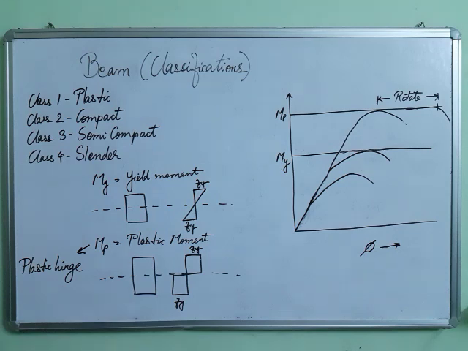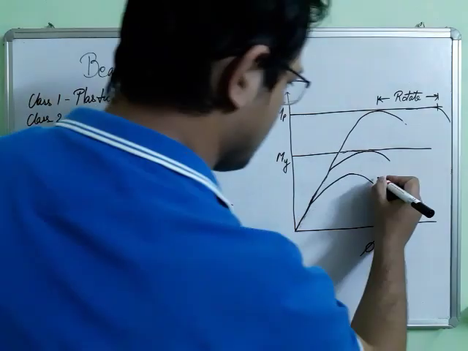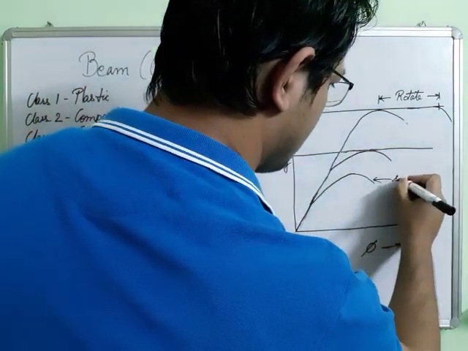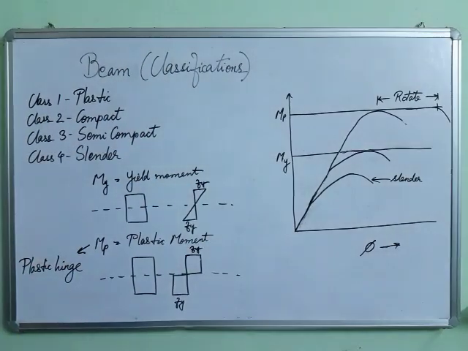So what happens to the slender section? In the slender section, the curve is this one. So here what happens is that even before the extreme fibers reaching Fy, it buckles.